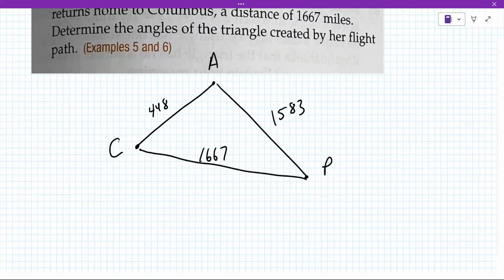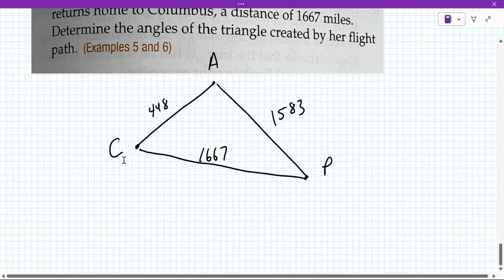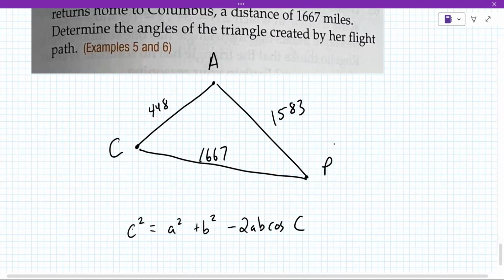Let's choose angle C because that's probably the most common way you see law of cosines. The most common form is a squared plus b squared minus 2ab cosine big C. So let's consider Phoenix B just to make it more consistent. So this is B, this is C, and this is little a.